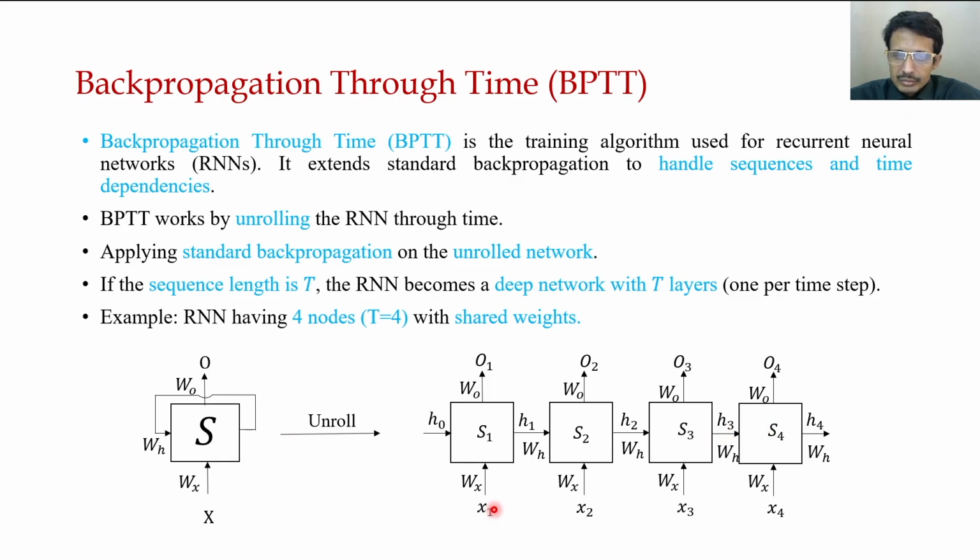For this purpose, x1, x2, x3, x4 are the 4 inputs, and these are weights Wx, and there is some state variable from the previous state. Since h0 has no previous state, it is initialized to something, and then h1 comes from S1 and feeds S2, and so on: h2 to S3 and h3 to S4.